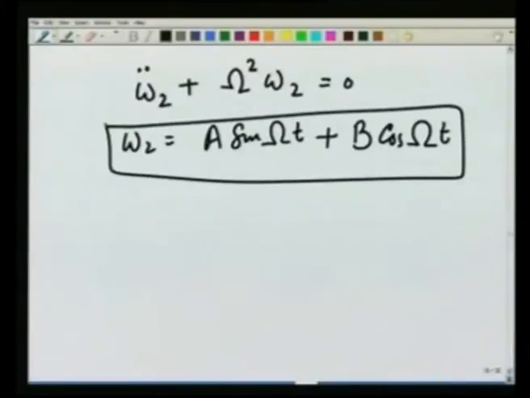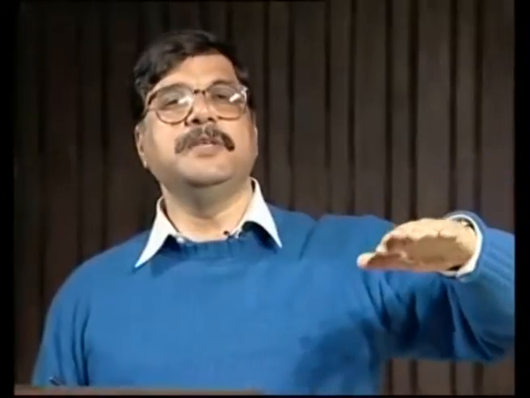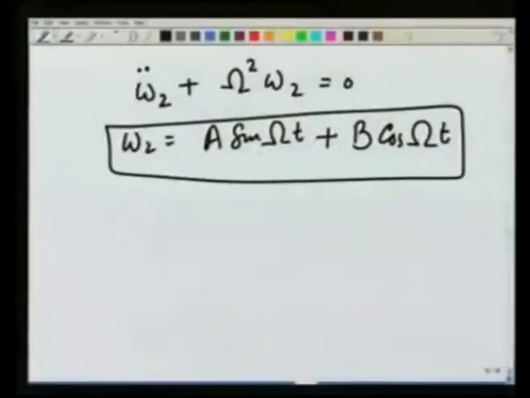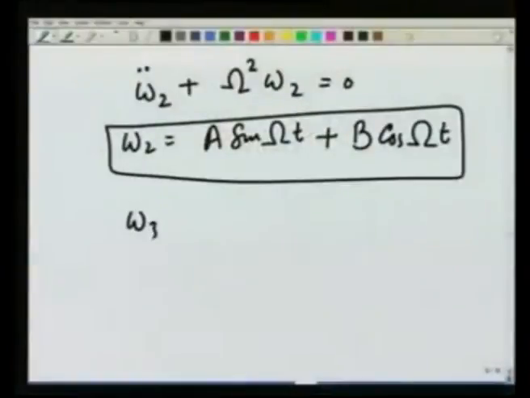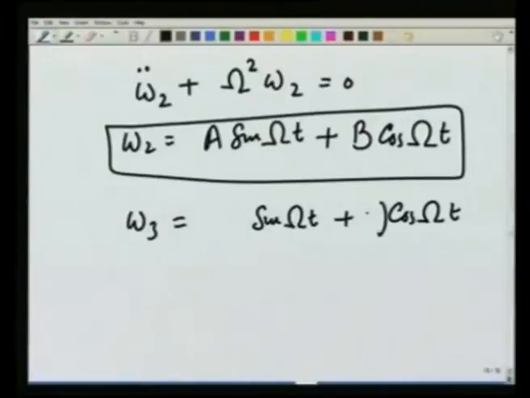So, as the body would fall, omega 1 would be constant, omega 2 would be just changing periodically. How about omega 3? I will leave it as an exercise for you to show that omega 3 would also change in a similar manner, sine omega t plus cosine omega t with some constants in the front.